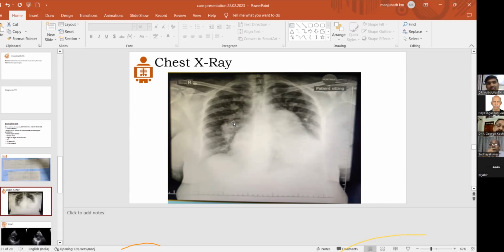Because of the ASD, it is not like isolated mitral stenosis, sir. We cannot expect what we see in isolated mitral valve disease.